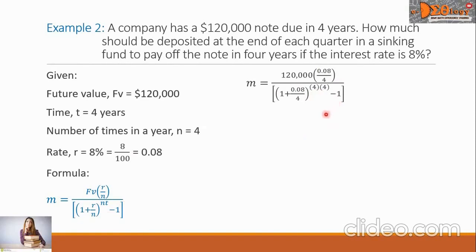Let us simplify further, first by getting the quotient of our fraction. 0.08 over 4, that will be 0.02. The same decimal will come down here.